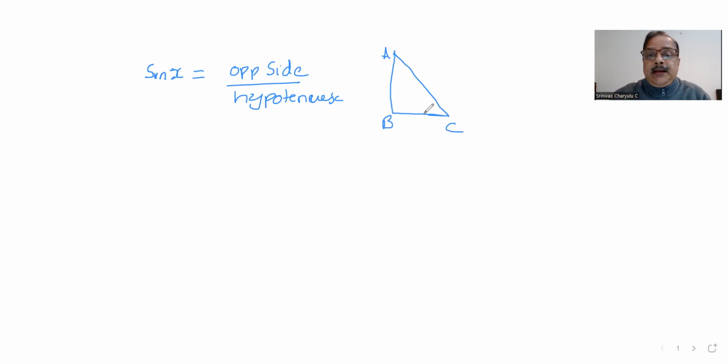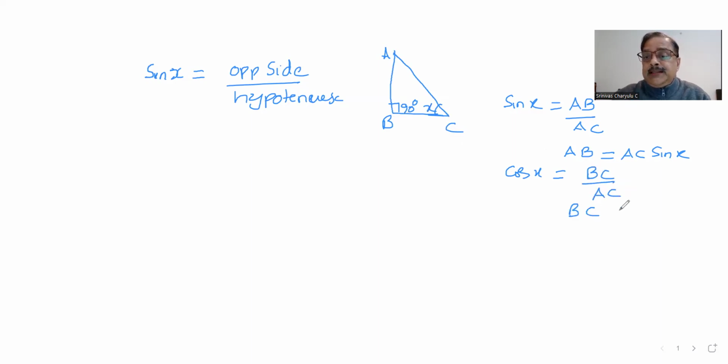At B we have a right angle, angle B is 90 degrees, and this angle is x. Then what is sin x here? For angle x, the opposite side is AB and the hypotenuse is AC. So we can write AB is equal to AC sin x. For cos x, for this angle the adjacent side is BC, so cos x is BC divided by AC. We can also write BC is equal to AC cos x.